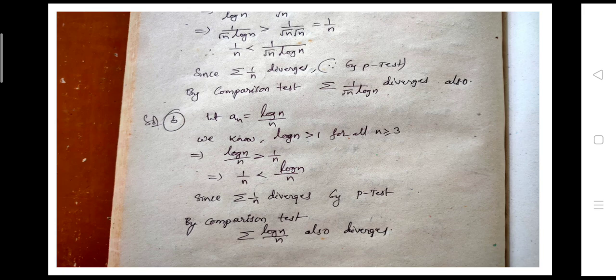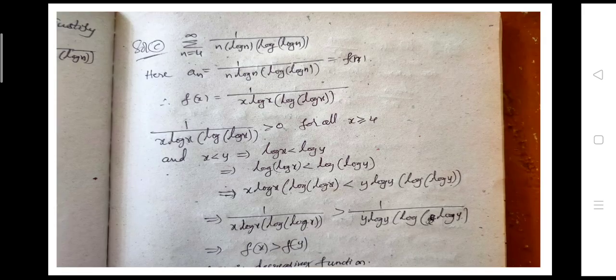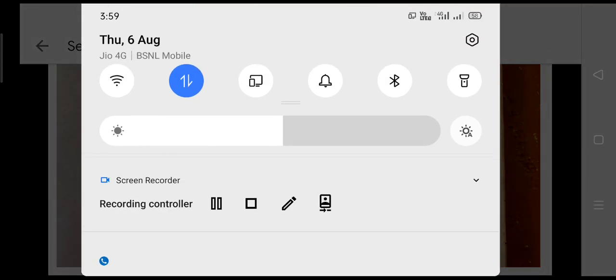That means suppose n is equal to 3, log 3 is greater than 1. This implies log n by n is greater than 1 by n. This implies 1 by n is less than log n by n. Since sigma 1 by n diverges by p test, sigma log n by n also diverges by comparison test.